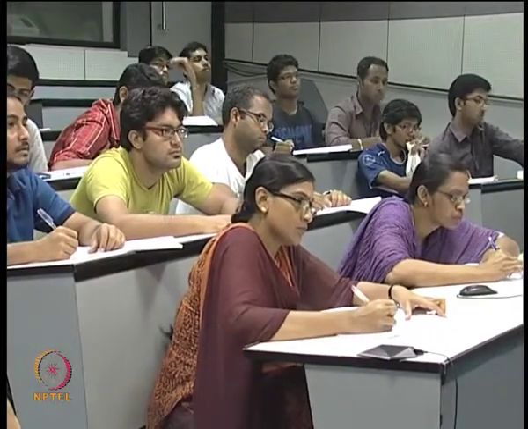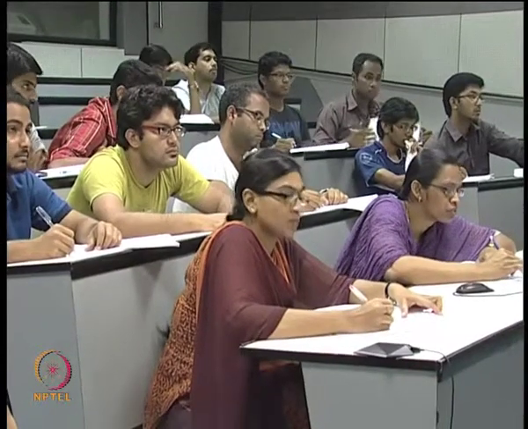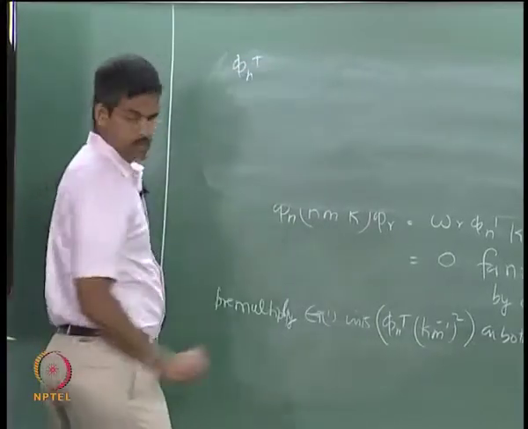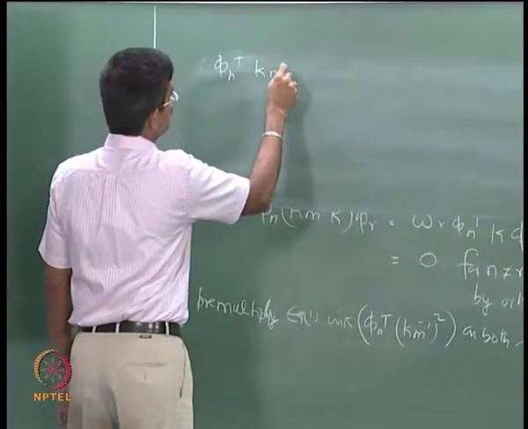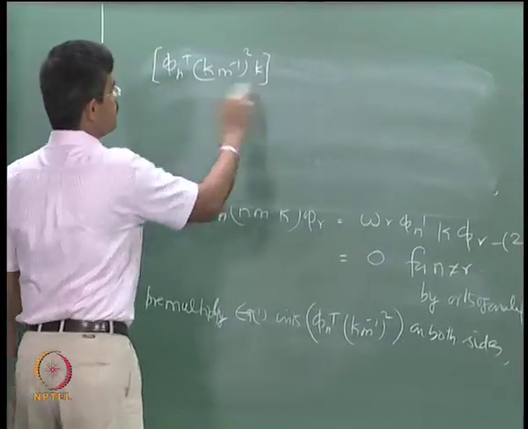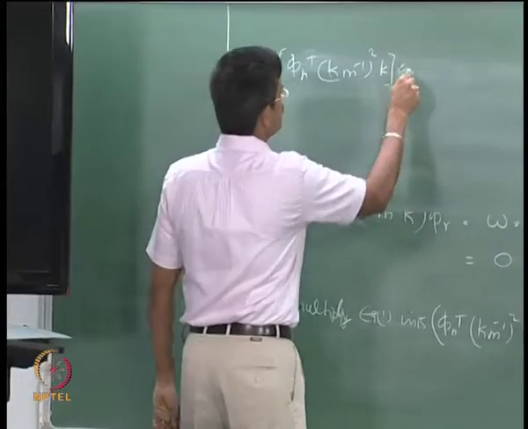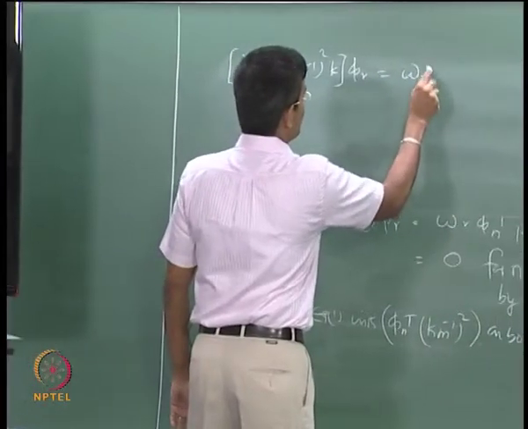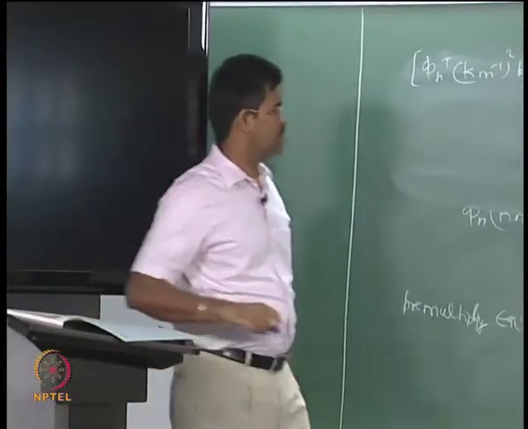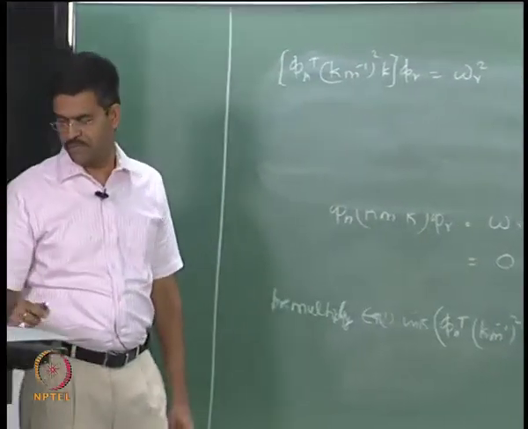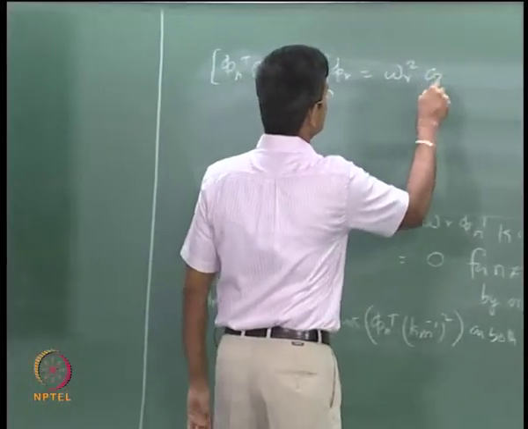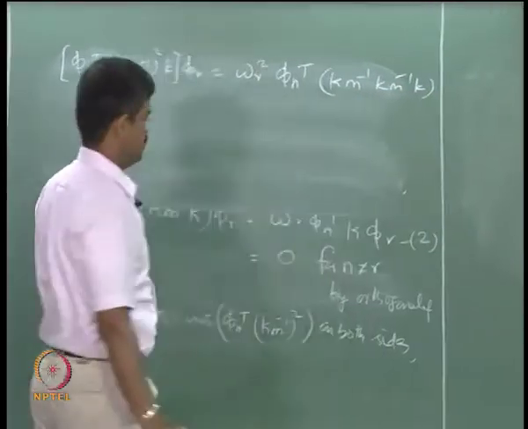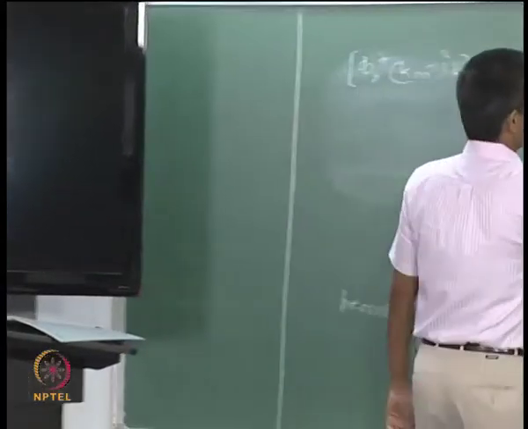So, phi n transpose K m inverse squared of phi r, which can be omega r square phi n transpose K m inverse K of phi r.